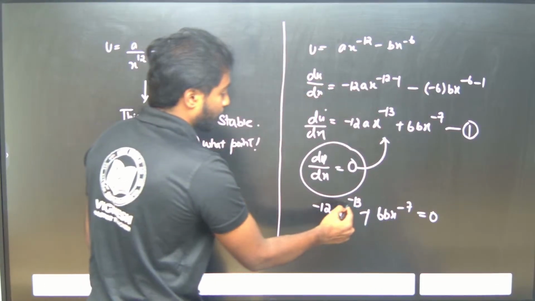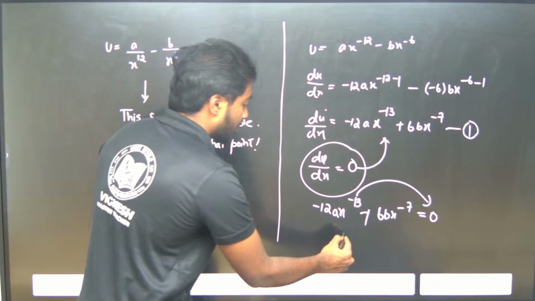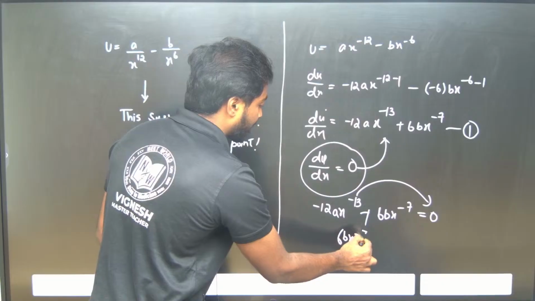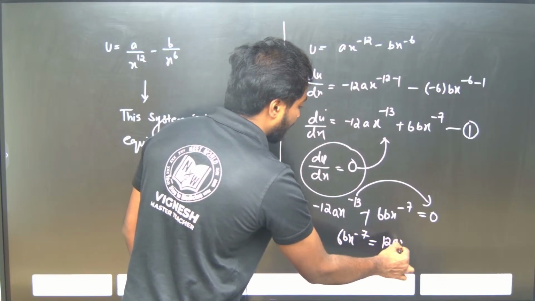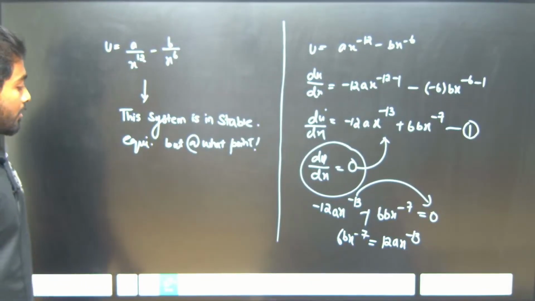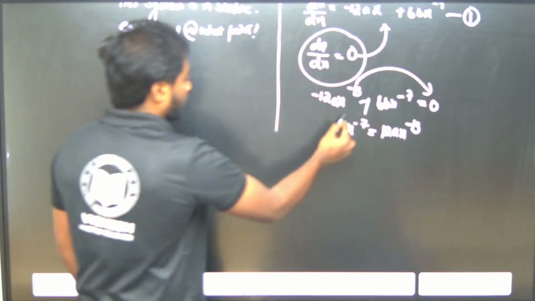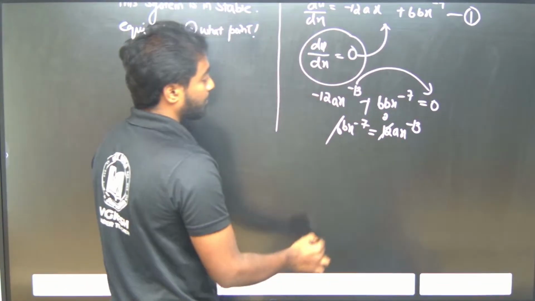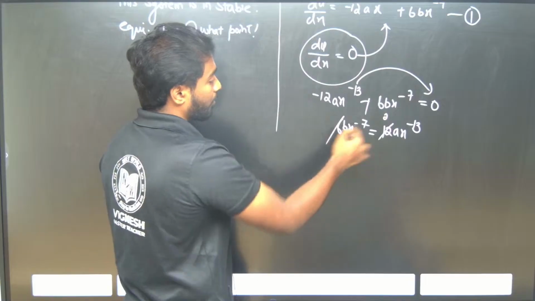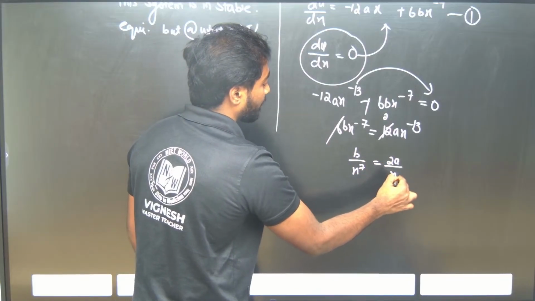So take the 12A x power minus 13 to that side. 6B x power minus 7 equals 12A x power minus 13. We can understand here that 6 into 1 and 6 into 2, so cross multiply: B by x power 7 equals 2A by x power 13.